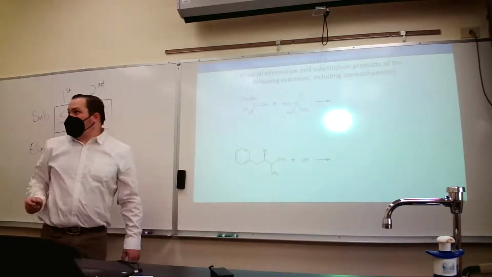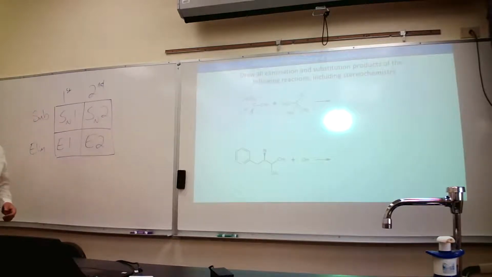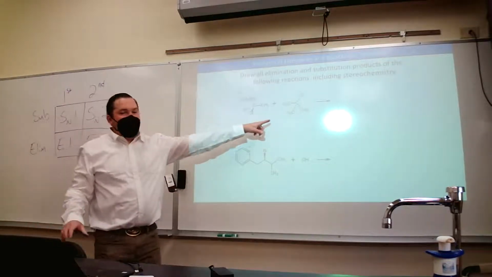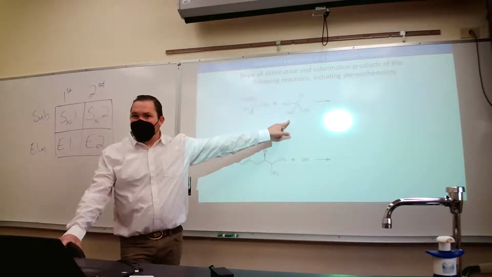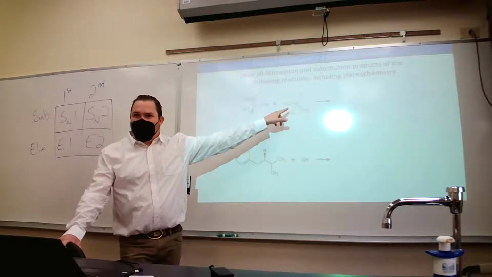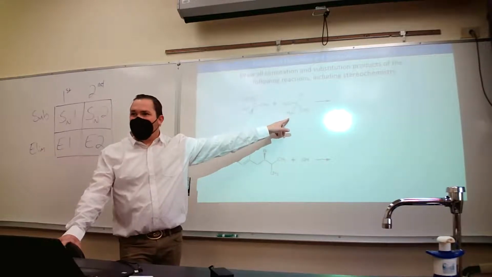All right, so let's do some of these big, broad, all possibilities questions. Draw all elimination and substitution products, including stereochemistry. So even though we know this is a big bulky base and it would only really go through elimination reactions, I want you to practice by drawing substitution reactions for it anyway.